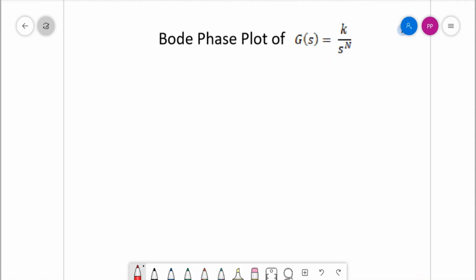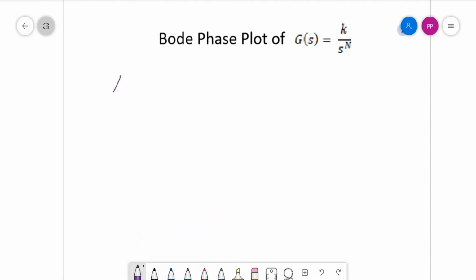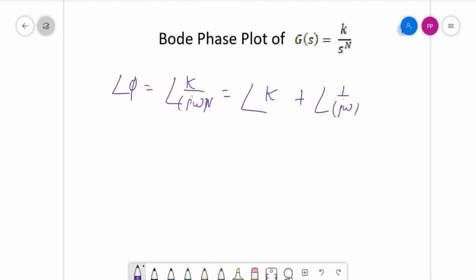You have the angle of k divided by j omega power n. So this is equal to the angle of k plus the angle of 1 by j omega power n.